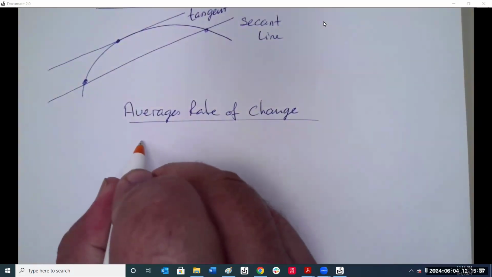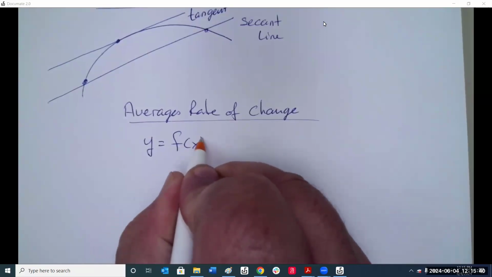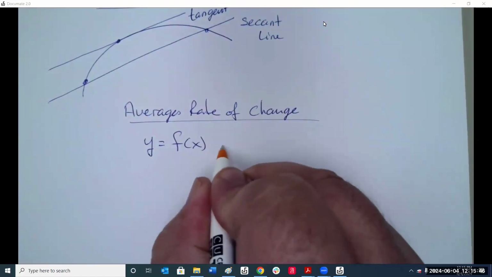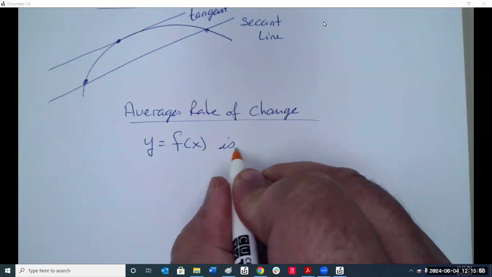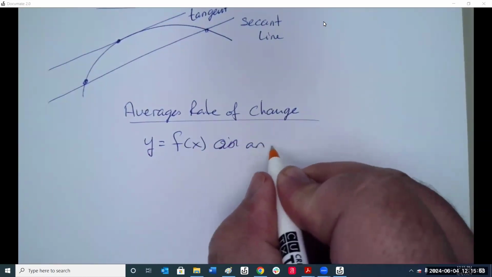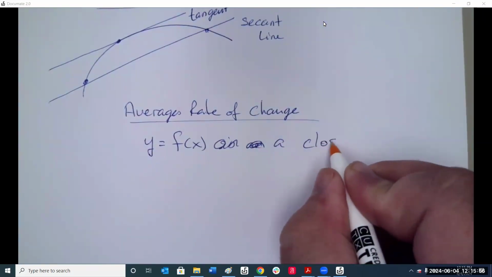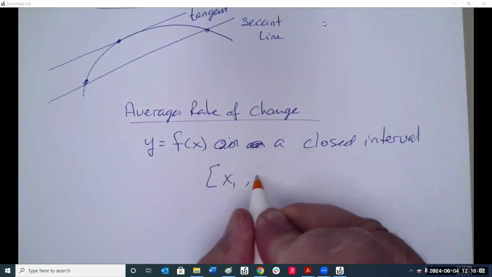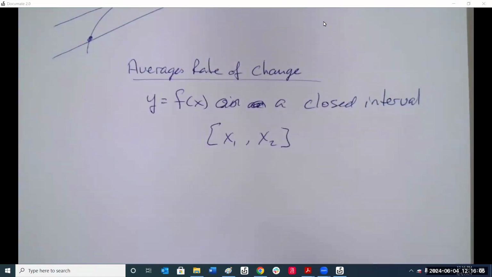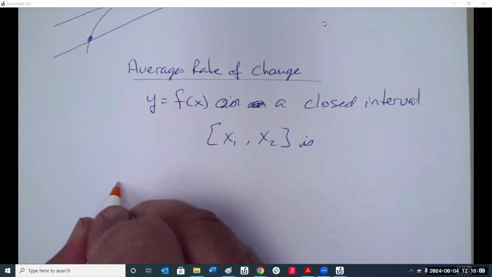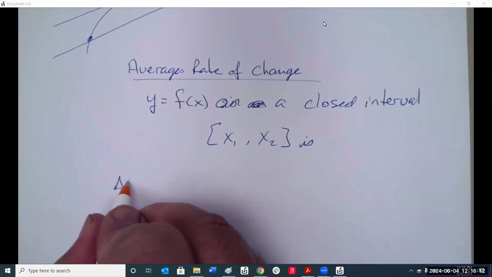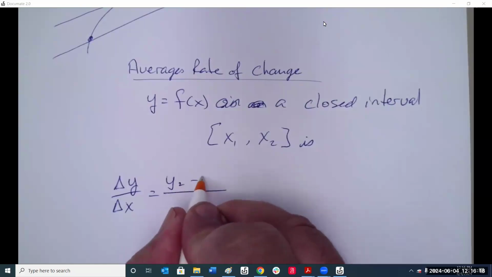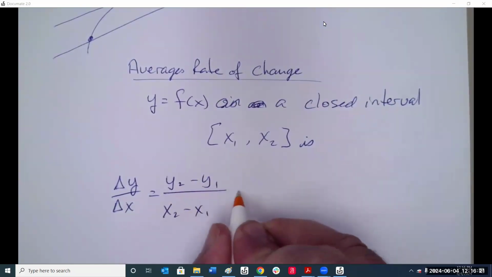Average rate of change of a function, y equals our function f of x, on a closed interval is defined as the vertical change over the horizontal change, which is y2 minus y1 over x2 minus x1.